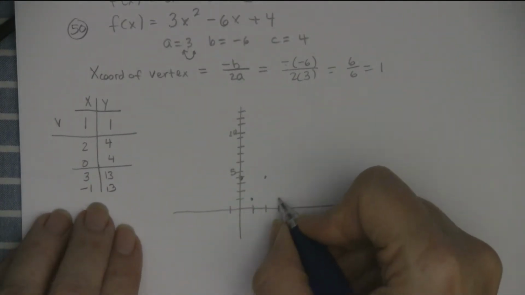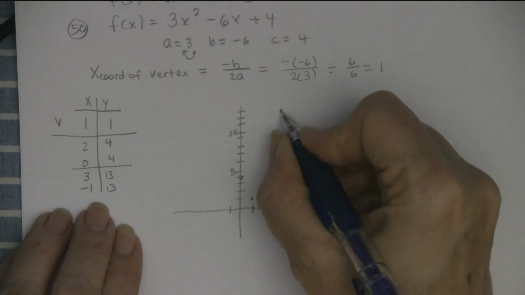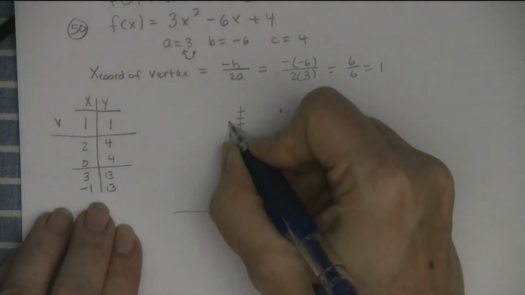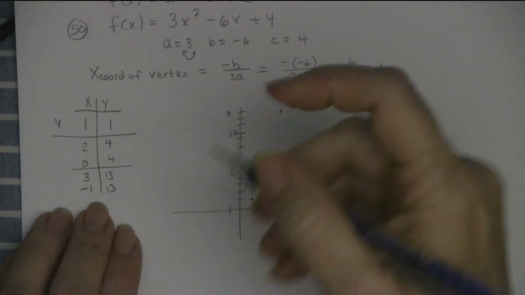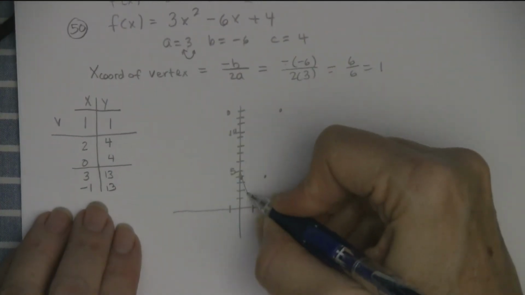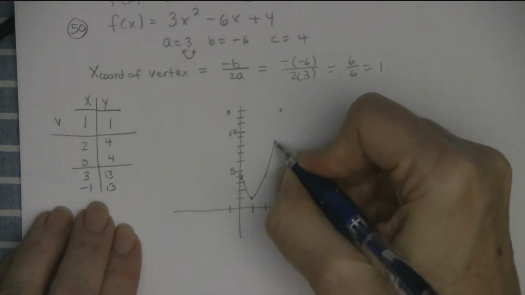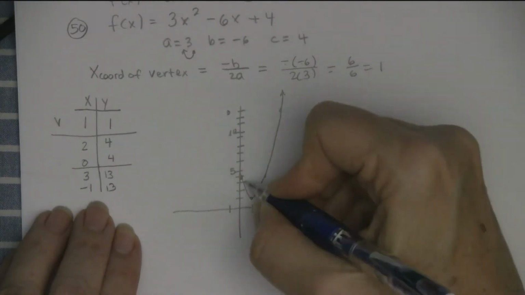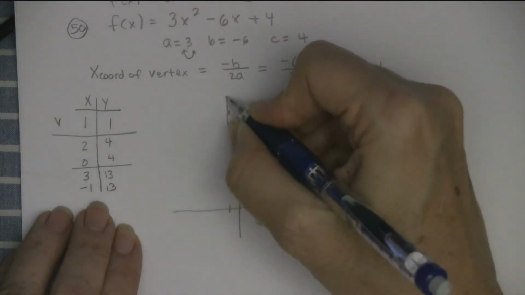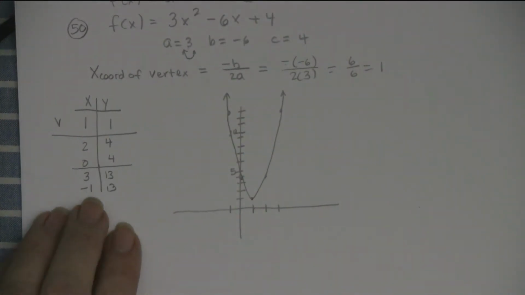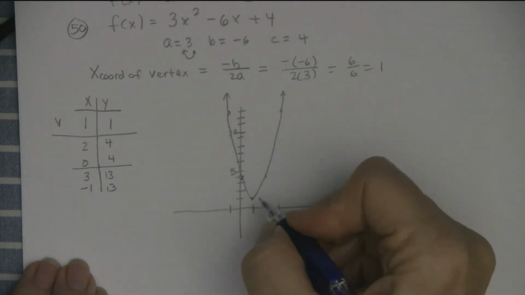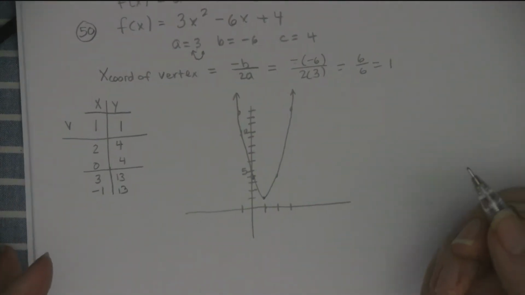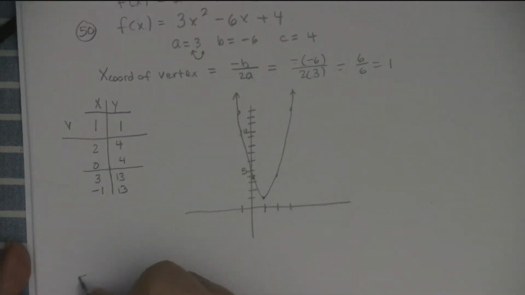And then 3, 13, and negative 1, 13. So this skinny little parabola. Okay, so I have the vertex, I have 4 convenient points, and I have plotted them. Okay, so that's good.